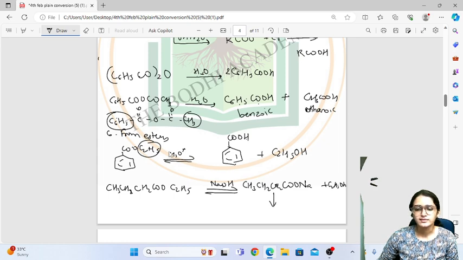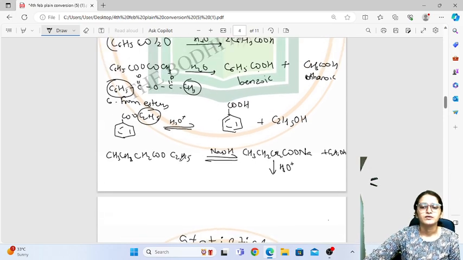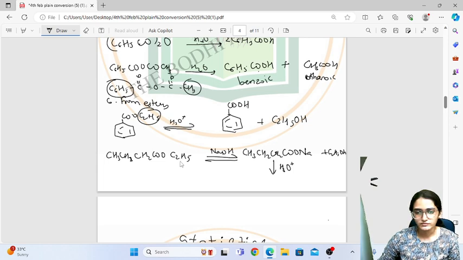And then that is converted in presence of hydronium ion or H plus ion, and we get the respective acid, that is CH3 CH2 CH2 COOH plus C2H5OH.